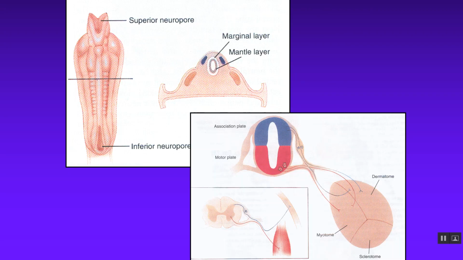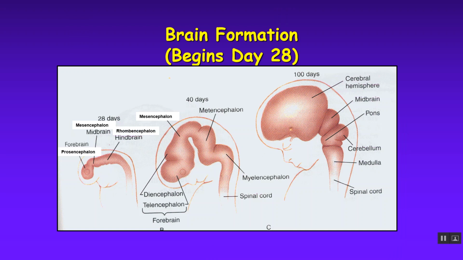So we've already seen this picture. Here's brain formation, which begins day 28. Right at that 28-day region, you start to develop the brain structures. Around that time is when the rostral neural pore closes, and you have your prosencephalon, mesencephalon, and rhombencephalon.